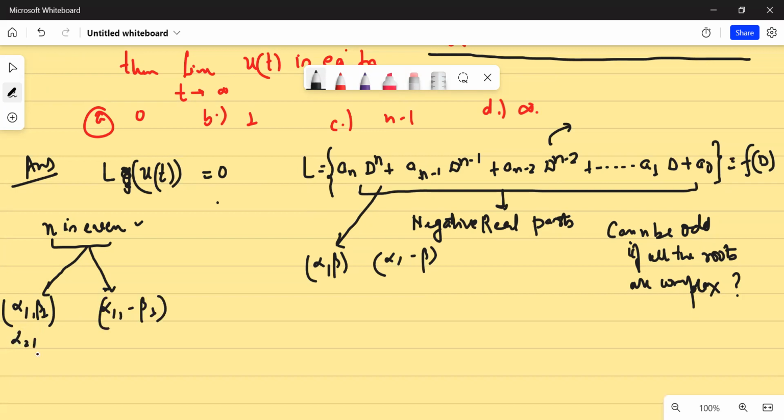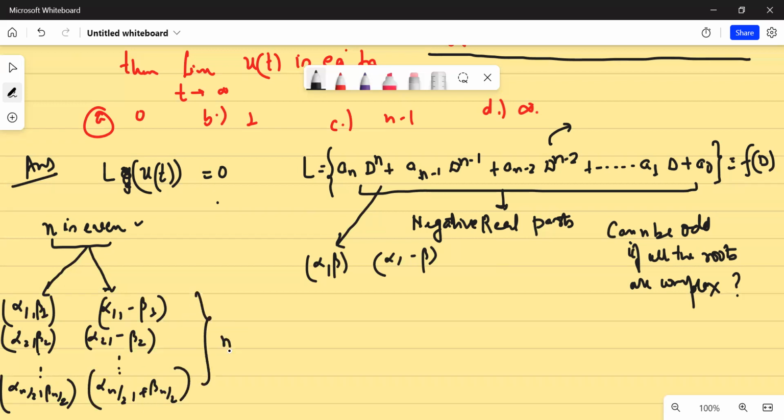If alpha_2, beta_2 exists, then alpha_2 minus i beta_2 surely exists. In this manner, up to alpha_{n/2}, beta_{n/2}: if alpha_{n/2} plus i beta_{n/2} exists, then alpha_{n/2} minus i beta_{n/2} would surely exist. This will form in totality n roots. So you have n/2 here and n/2 here, so total n roots.